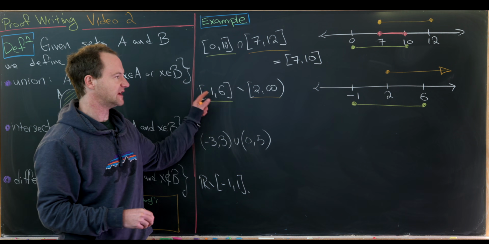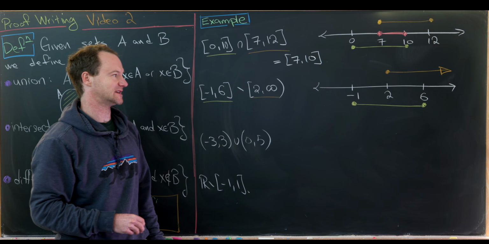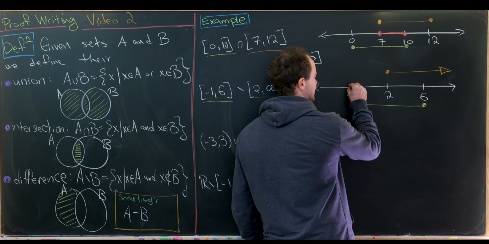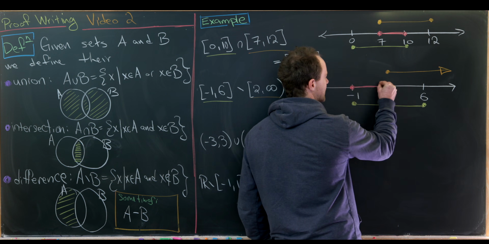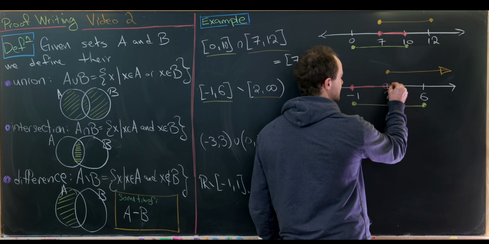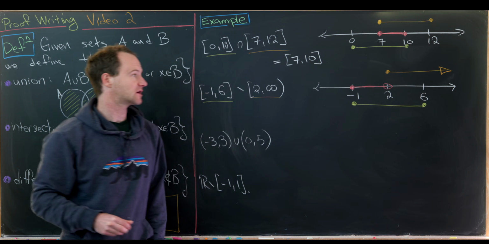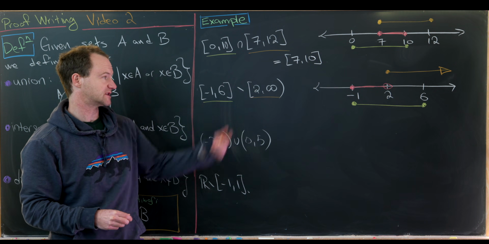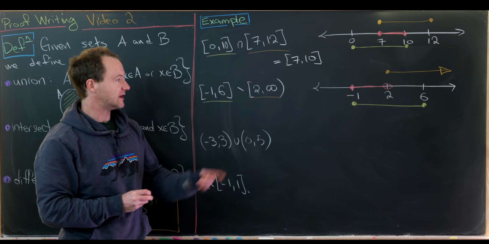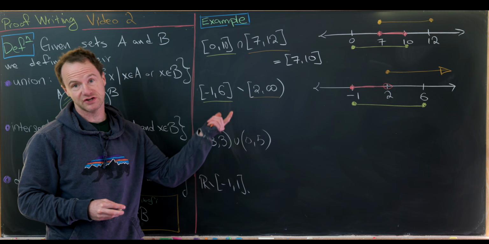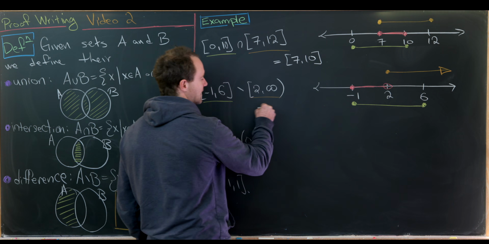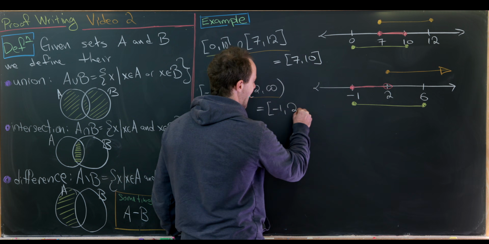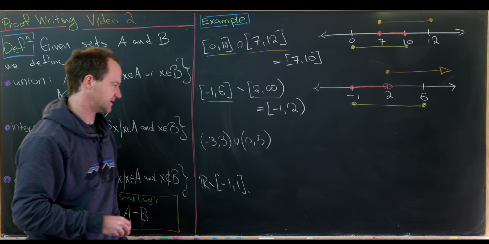So we want everything in this yellow set that is not in this orange set. So that's going to include things like -1 all the way up to the number 2. But in fact, it will not include the number 2 because 2 is included in this other set. So in the end, we get that red shaded bit, but we can rewrite this as the half open interval from -1 to 2.